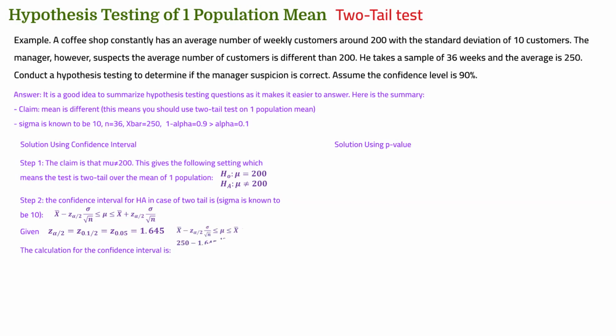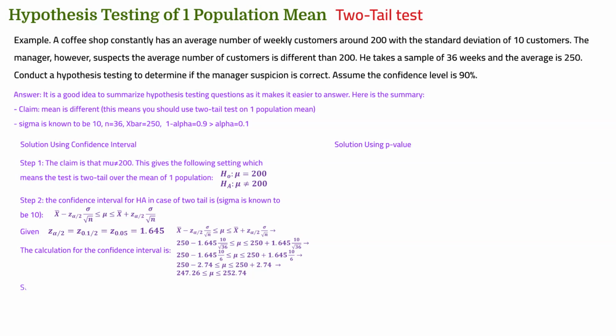The calculation for the confidence interval is, as you see over here, I put all these values that we summarized from the question inside this equation for the two-tail test when sigma is known. X bar is 250, z alpha divided by 2 is 1.645, sigma is 10, n is 36.